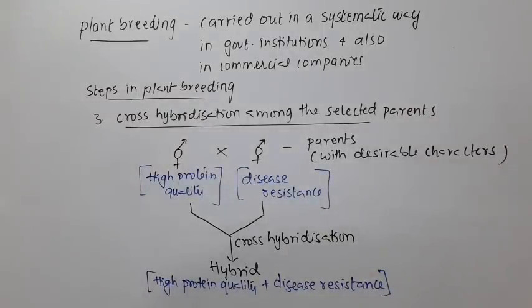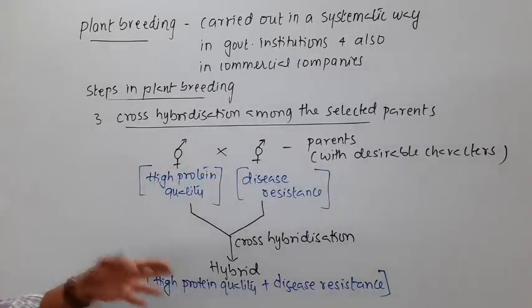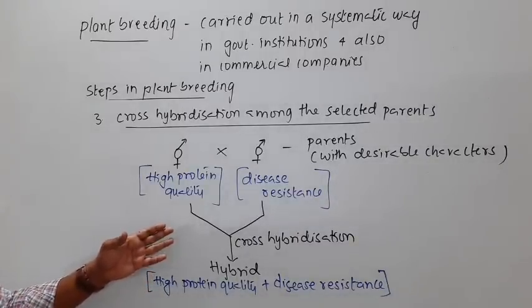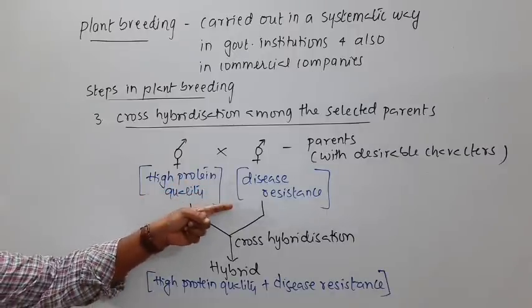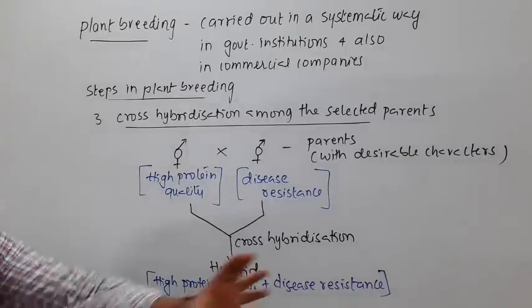Right. Now the point is that I have told you in just one minute to cross the two parents with the desirable characters and you will get a hybrid. But not just in the first cross. Here I have crossed, then I will obtain the seeds, right? And when I sow these seeds, I may have some 1,000 seeds, and I sow all those 1,000 seeds and allow them to grow and come to flowering, and then see the product.